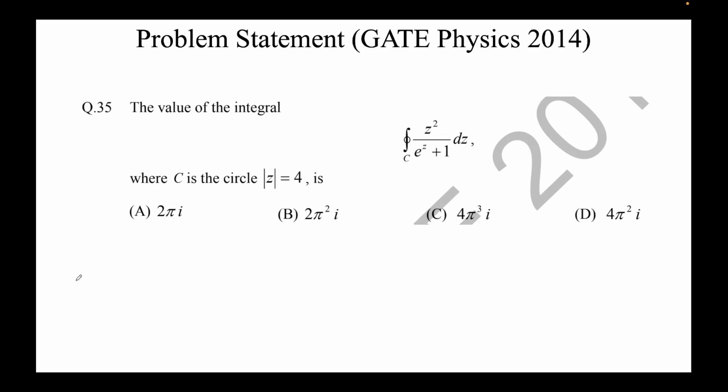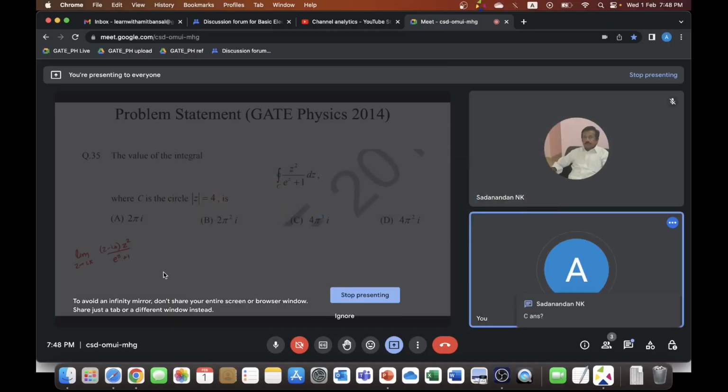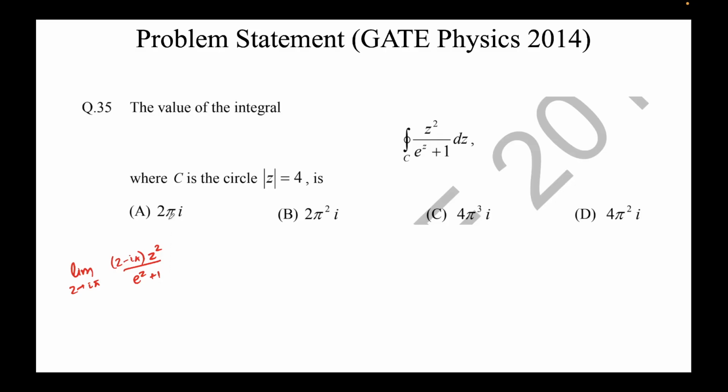If I use the limit approach, that will be limit z tends to i pi of z minus i pi times z square over the denominator. Let's evaluate this.